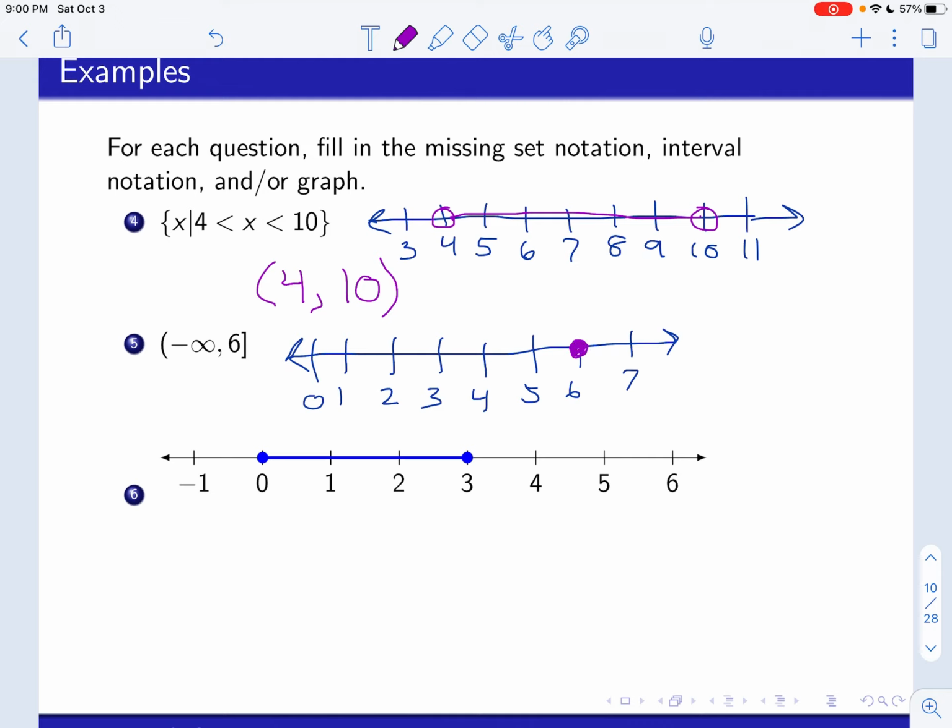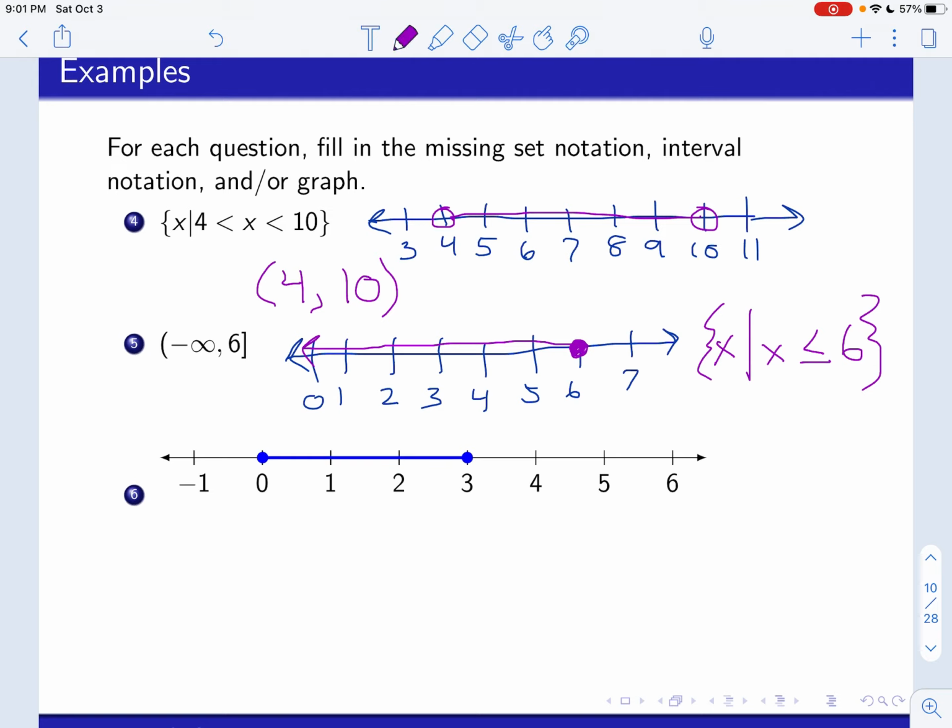I'm going to use a solid dot because the 6 had a square bracket, so it's included. Negative infinity says it's going forever to the left. So those are all the numbers so that x is smaller than or equal to 6. I know that I need less than or equal to because of the square bracket and the solid dot.